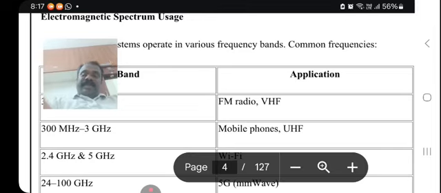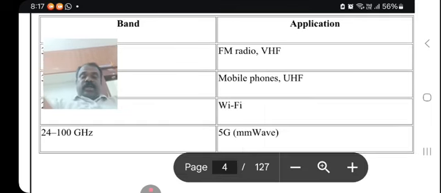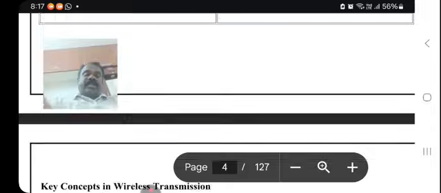Then 300 megahertz to 3 gigahertz, which is used nowadays by mobile phones, then UHF. Then the next thing is the advanced version, 5G, which uses bands from 24 up to 100 gigahertz.